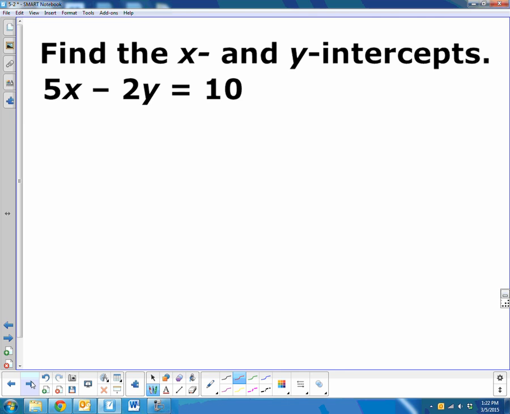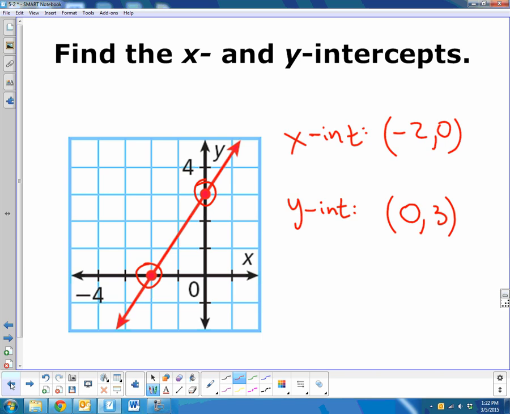And so let's go back to the graph and take a look. You'll notice that the x-intercept always has a value for x and a 0 for y. And the y-intercept always has a value for y, and it always has a 0 for x.